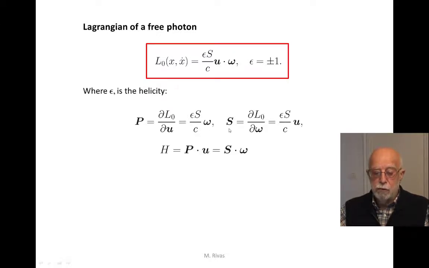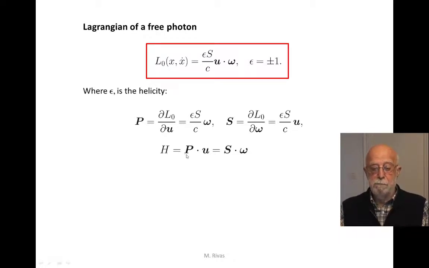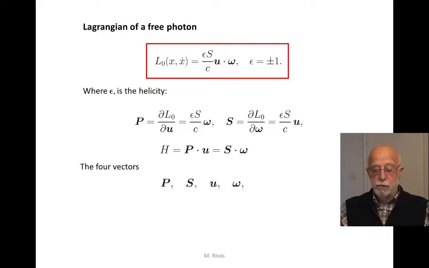And the spin is also along the velocity, so because the Hamiltonian is this, if I take the scalar product of this with U, it's equivalent to taking the scalar product of this with omega. So the Hamiltonian can be written in both forms. The particle is a positive energy particle, and P and U have the same direction. S and omega have the same direction, and because omega has the direction of U, since it's proportional to the linear momentum, the spin and angular velocity of the photon necessarily have the same direction, either pointing forward or backward. So the four vectors are collinear and constants of the motion.